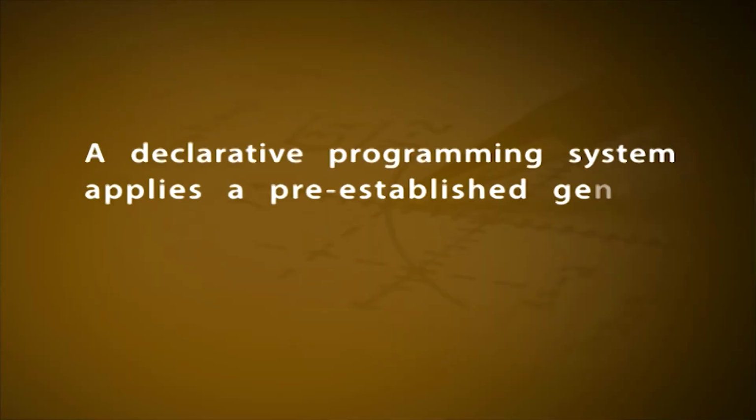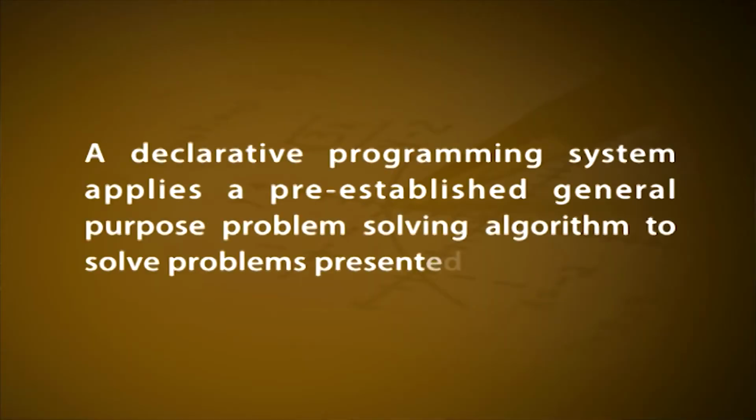Hence, the imperative paradigm gives the approach of finding an algorithm to solve the problem and expressing that algorithm as a sequence of commands. The declarative paradigm asks a programmer to describe the problem to be solved rather than an algorithm to be followed. That is, a declarative programming system applies a pre-established general purpose problem solving algorithm to solve problems presented to it.